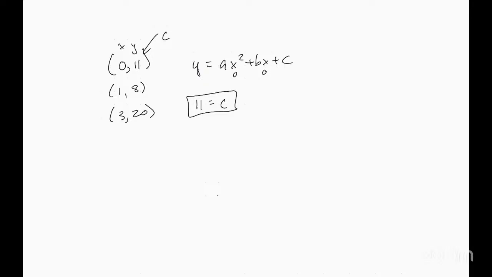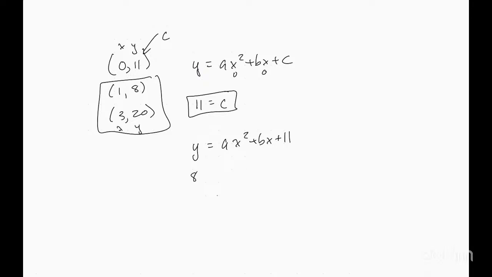And so now we can rewrite the equation like this. Y equals ax squared plus bx plus 11. And now we just have to worry about these 2 points. So plug in for x and y for those two equations. So the first one is 8 equals a times 1 squared plus b times 1 plus 11.